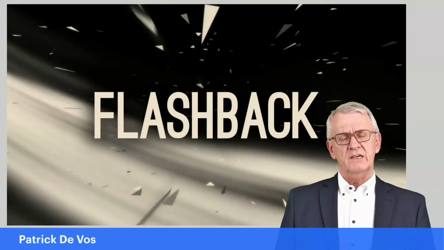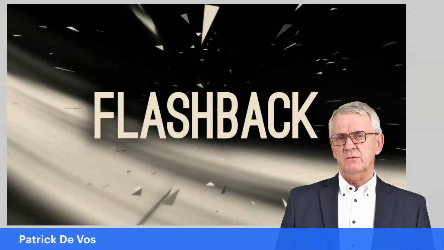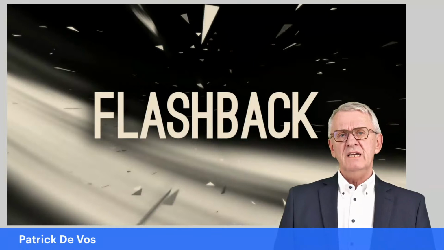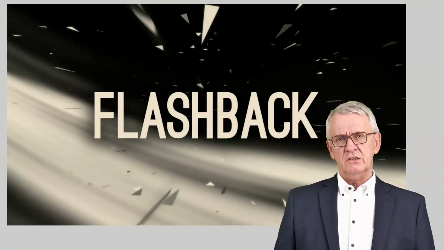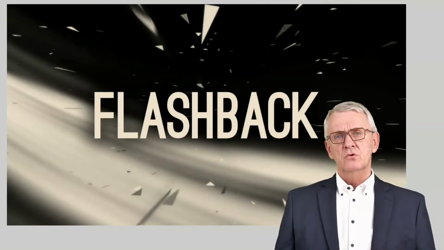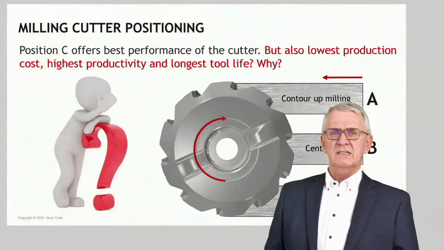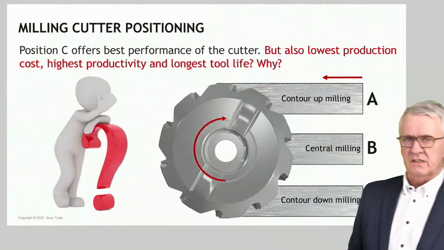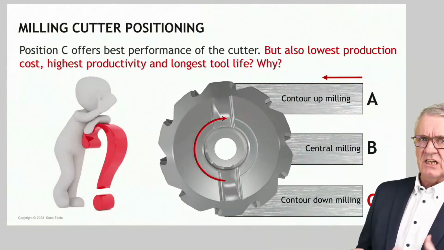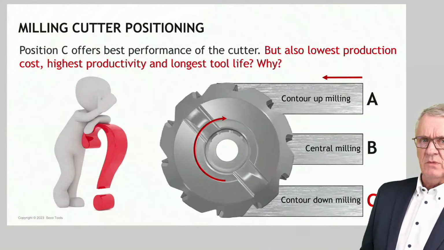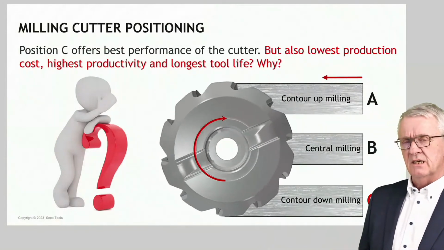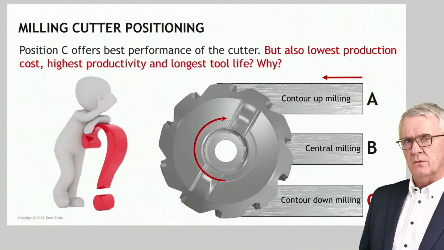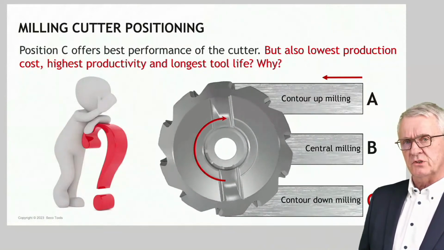But first, a flashback. You remember last time we were talking about something we called milling cutter positioning. The subject was, how do we position a milling cutter and a workpiece compared to each other? How do we let them move? We said there are three possibilities: side milling, up milling; central milling; and side milling, down milling. Those are basically the three things we can select from when we talk about positioning.